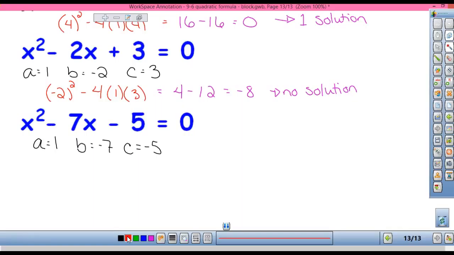Arto, what'd you get to be your discriminant? Oh, but it's more than that. You got to do that whole thing, that negative 7 squared minus 4ac. Alyssa, what'd you get? 69? Innocent, what'd you get? 29?